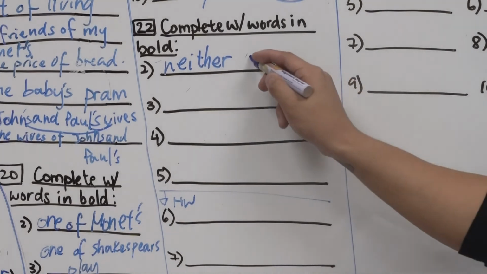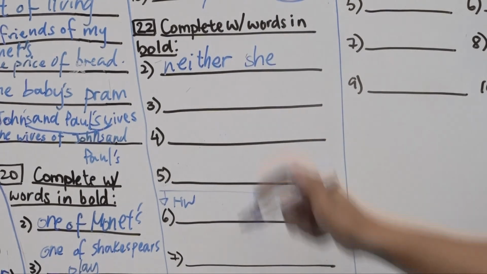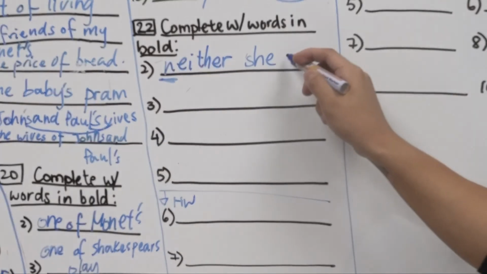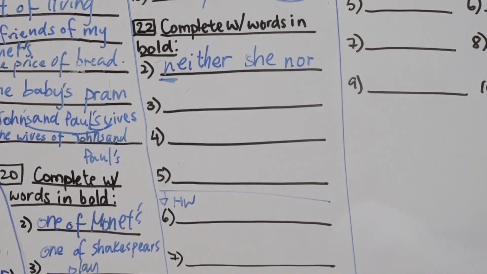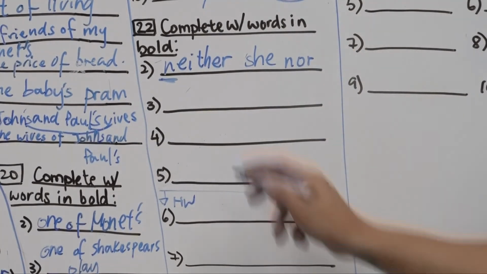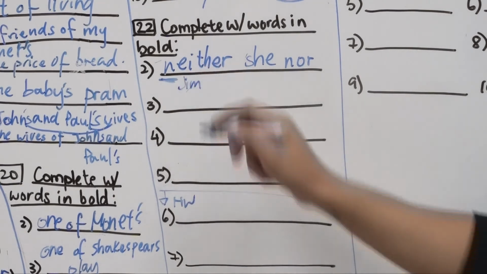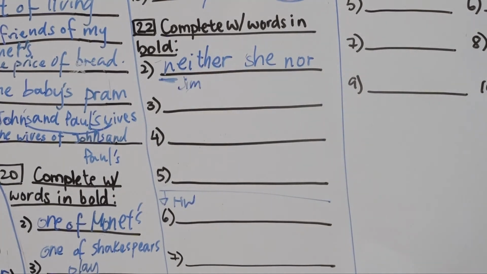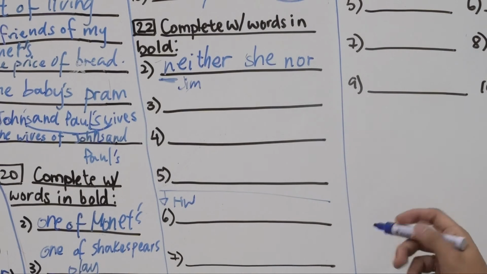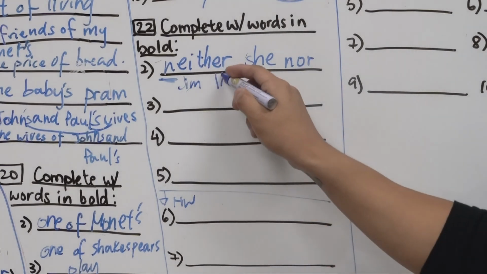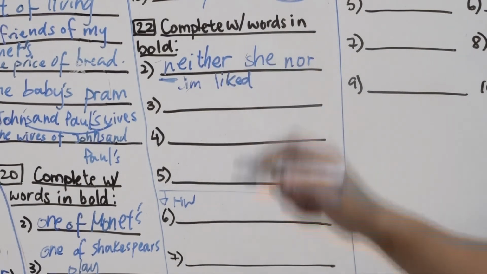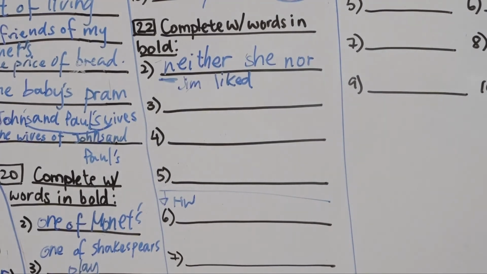Neither she, right? So we have to use nor. Neither she nor, who else? Jim, right? And then we're talking about hypothetical or actual situation. Right, so it should be liked. Okay? Neither she nor Jim liked French films.